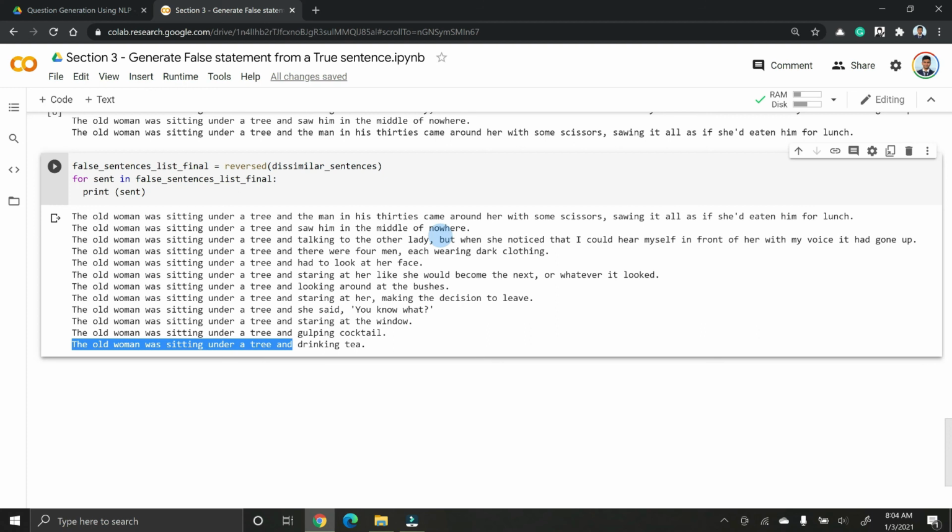Then we used our GPT-2 algorithm to generate alternate endings for that partial sentence. And once we have, let's say, 10 sentences like that which are generated by GPT-2, we then used BERT sentence similarity embeddings to sort the sentences by the most dissimilar ones at the top. This is how we can generate a falsified sentence from a given true sentence.